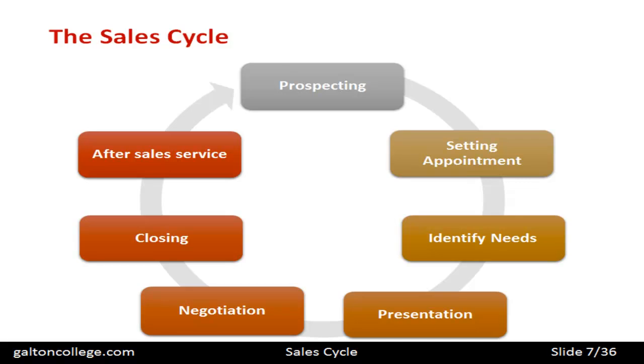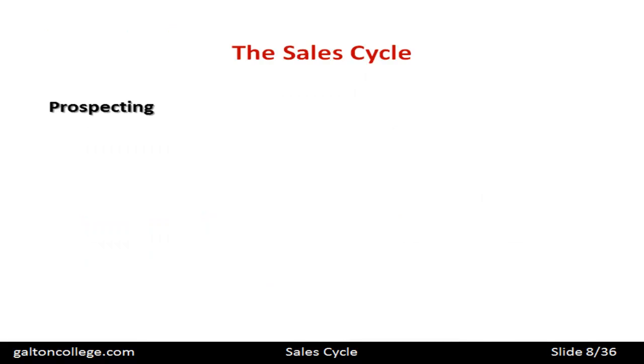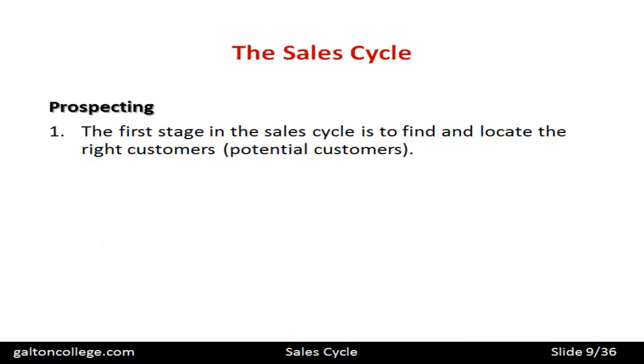Let's talk about these in a little more detail. We'll start with prospecting. The first stage in the sales cycle is to find and locate the right customers, the potential customers. So the sales team will want to find out who are the likely customers, where are they, and what are they like, for that matter.